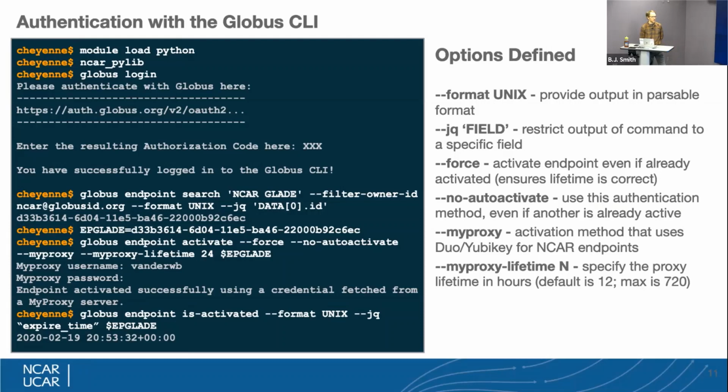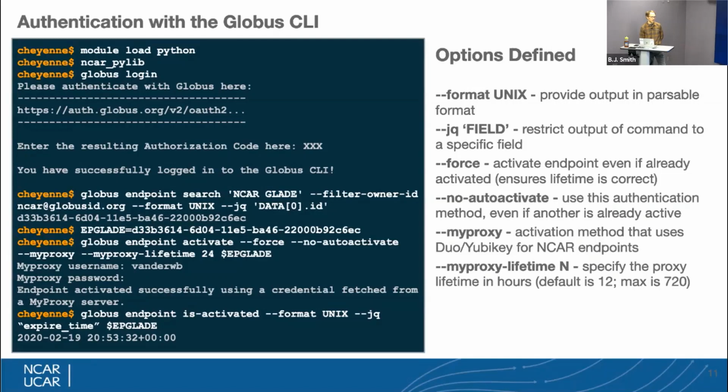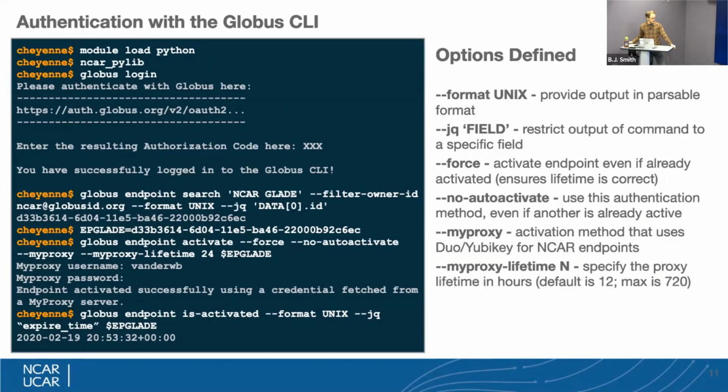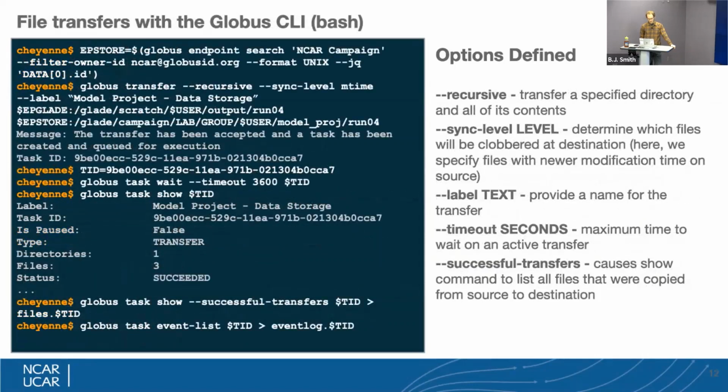But if I don't do the format unix and the JMESPath query, the jq expire_time, then I'll get basically the default fields in a nicely formatted way. But you can see this one, I found out that it was going to expire on the 19th at 20 UTC, or 21 UTC basically.